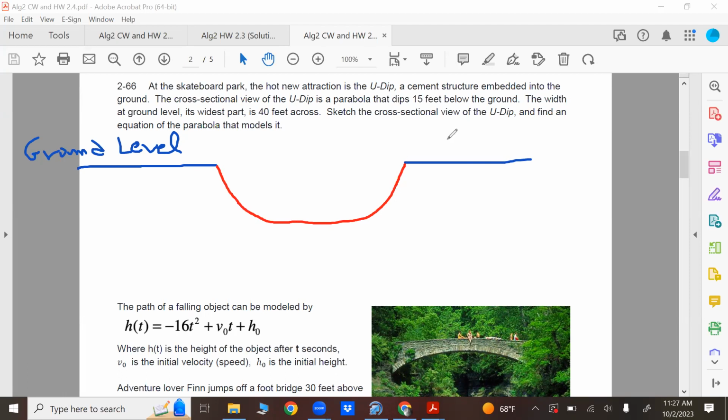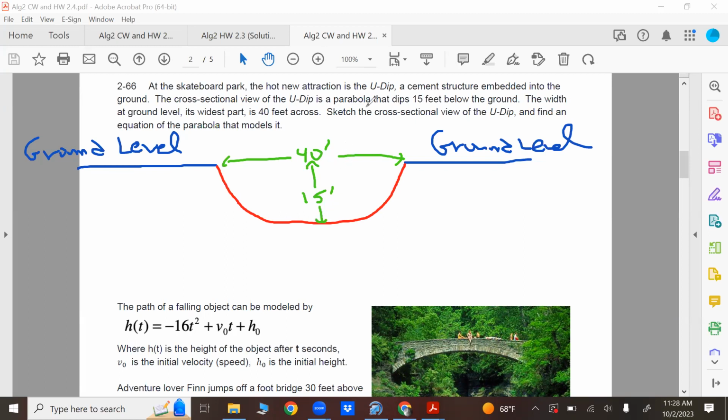Again, ground level's right here. How wide is this thing again? How wide, guys? 40 feet. Sorry, this symbol means 40 feet. And how deep does it go again? 15 feet.